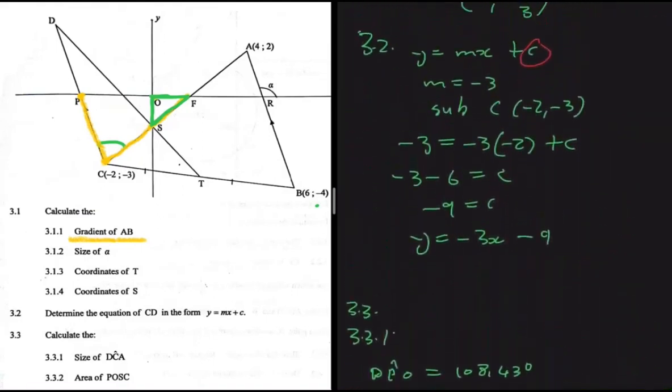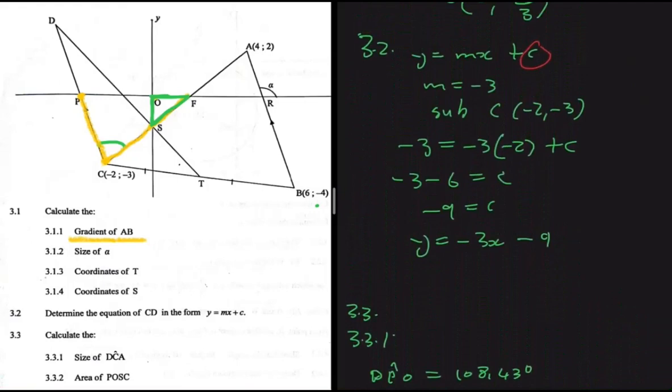If we let y be equal to 0, then 9 should be equal to minus 3x, so x should be equal to minus 3. So for P, we have minus 3 and 0.